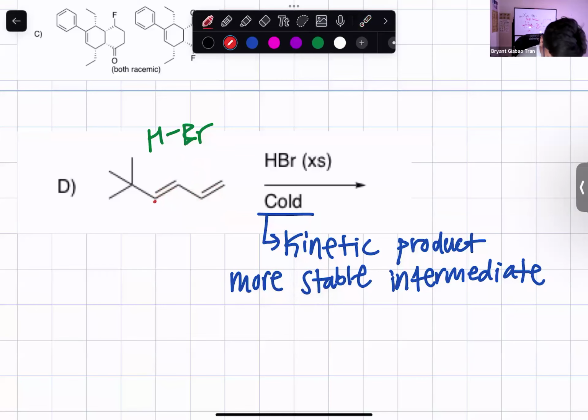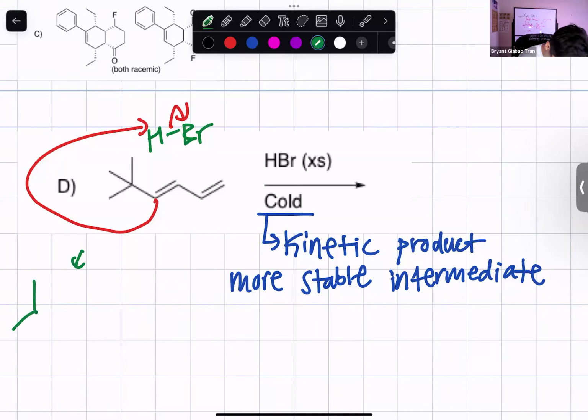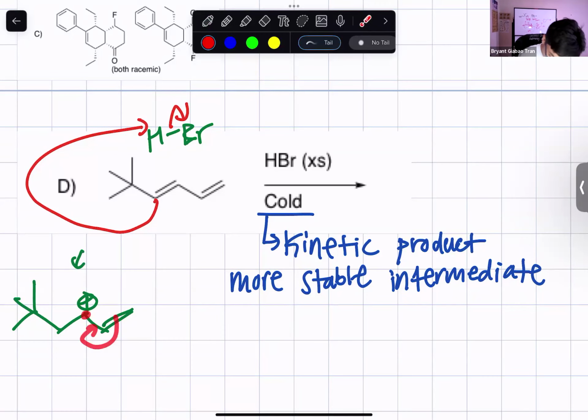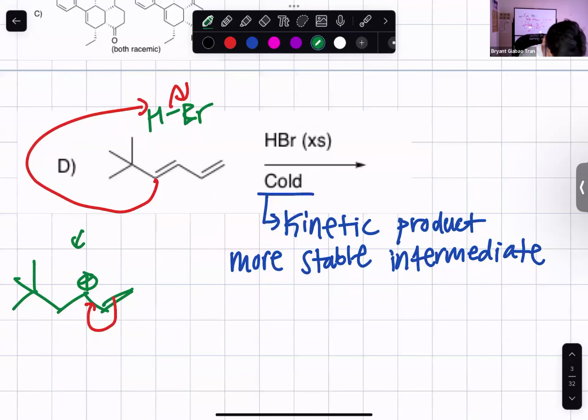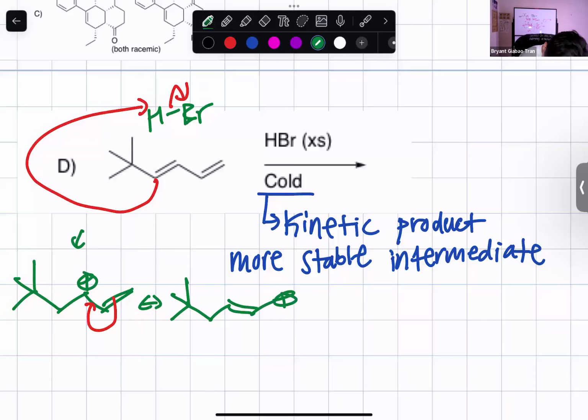Which means that this carbon at the left is going to get protonated by the HBr to give us this carbocation intermediate here, right? We want this carbocation at the right side because it is allylic. It could do resonance with the double bond like that. So if I draw that out, we're going to get this resonance structure here, right?